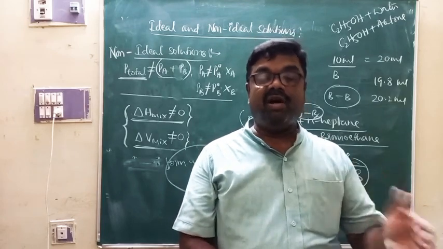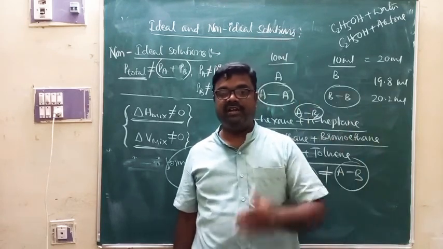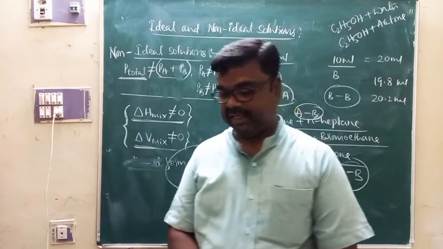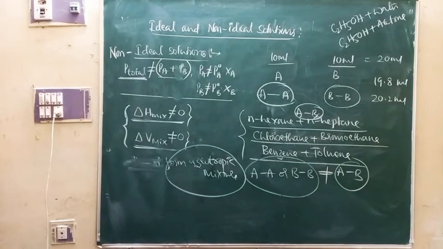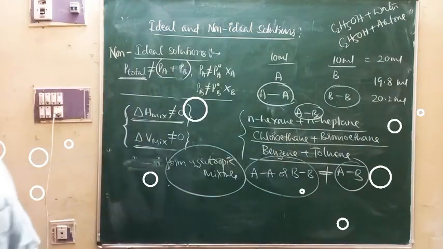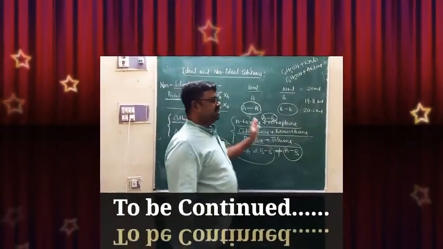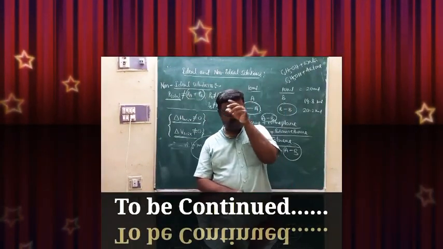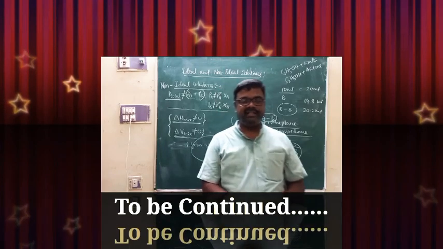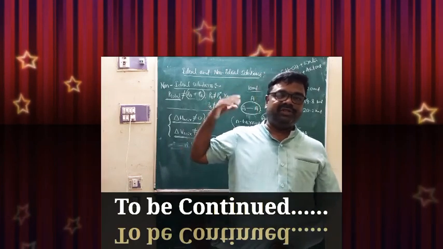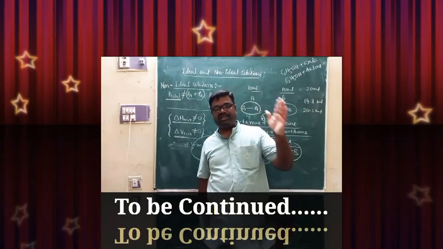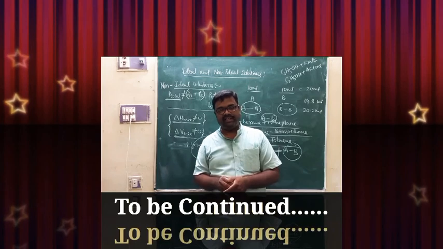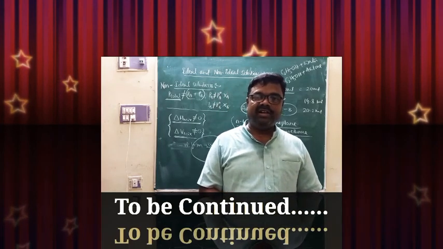That is, non-ideal solutions with positive deviation and non-ideal solutions with negative deviation. So that is what we call non-ideal solutions, right? So this is something about differences between ideal and non-ideal solutions. With that information, we'll take up, in the next video, the non-ideal solutions with positive deviation and non-ideal solutions with negative deviation with certain examples. So this is what we call ideal and non-ideal solutions.